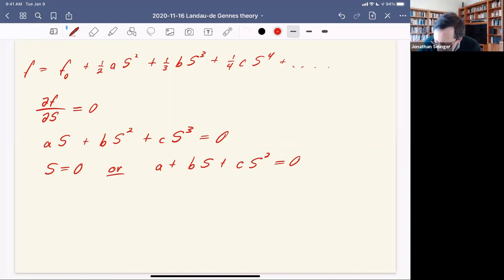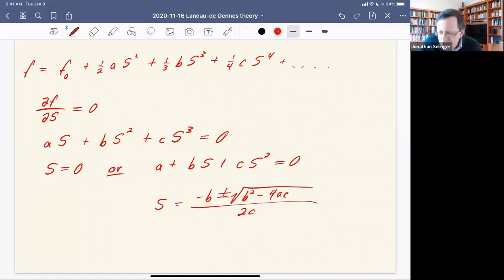And this is a quadratic equation, which we can solve, right? S is negative B plus or minus the square root of B squared minus 4AC all over 2C. So there are 3 solutions.